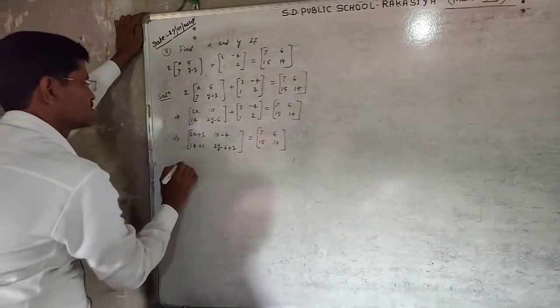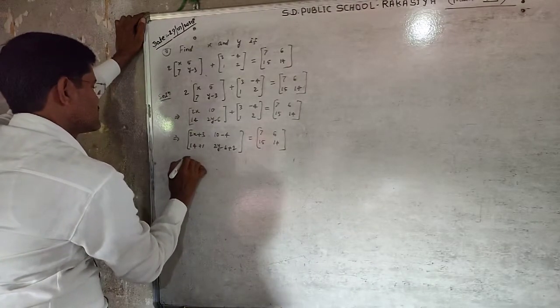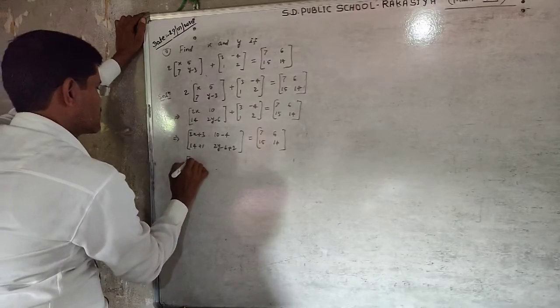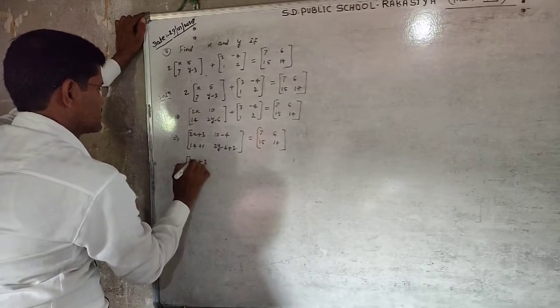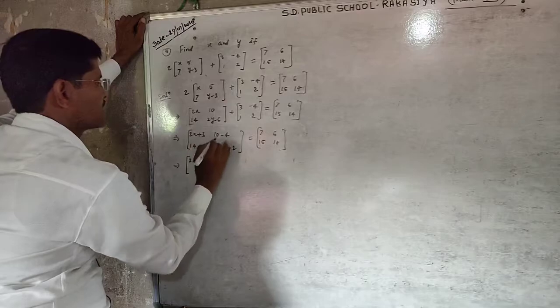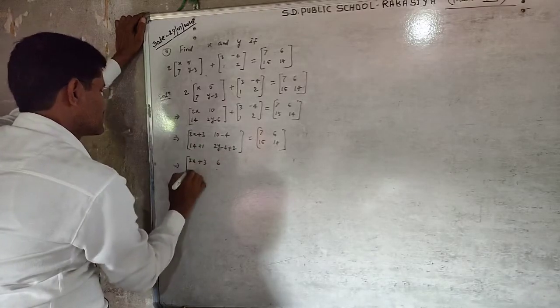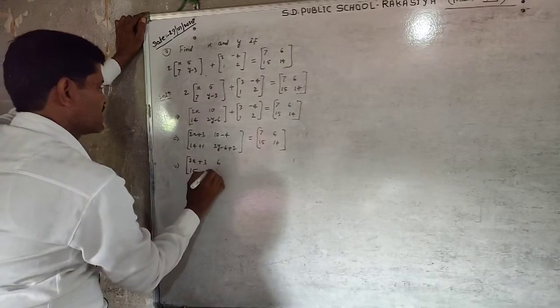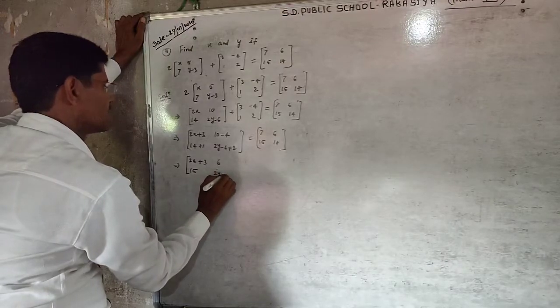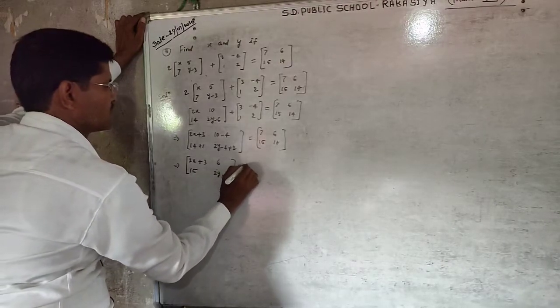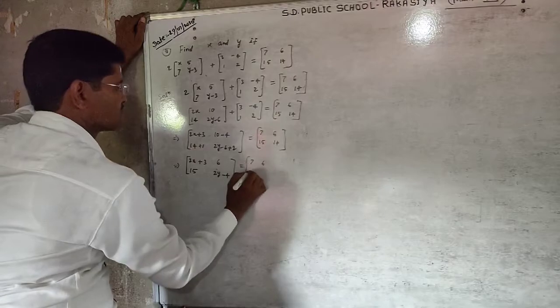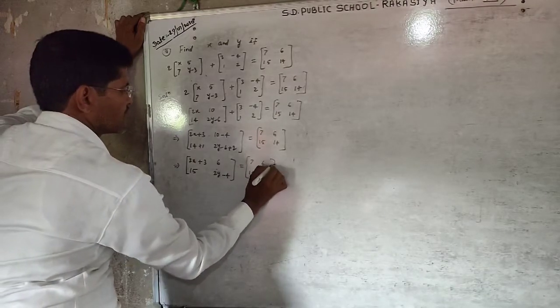This implies [2x plus 3, 10 minus 4; 14 plus 1, 2y minus 4] equal to [7 6; 15 14].